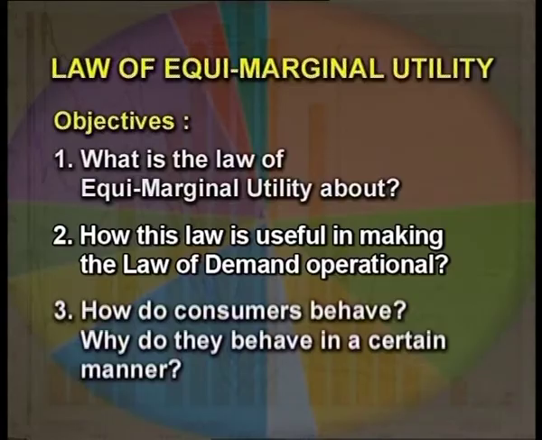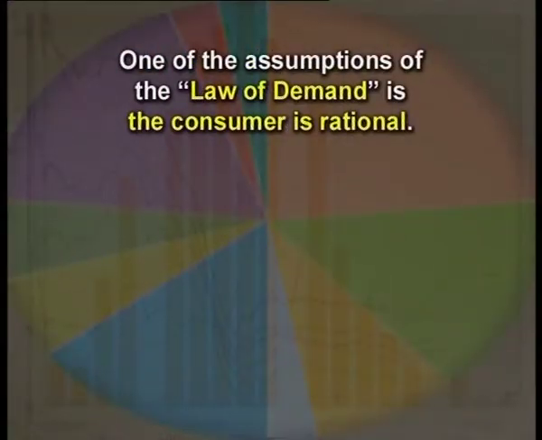Now, what is this law? What does it teach? As we had seen in the earlier lectures, every theory has certain assumptions, and the law of demand that we have discussed earlier also had certain assumptions. One of the assumptions of the law of demand is that the consumer is rational.